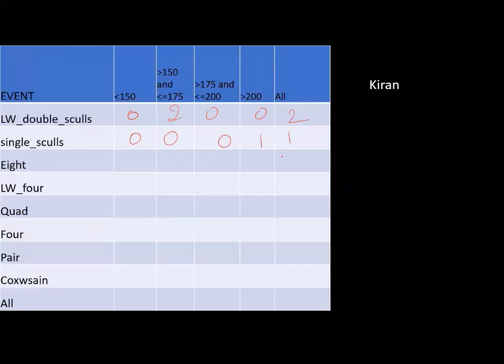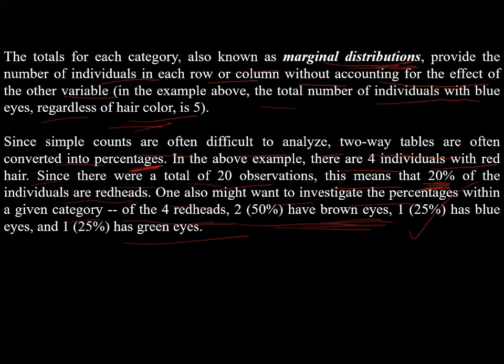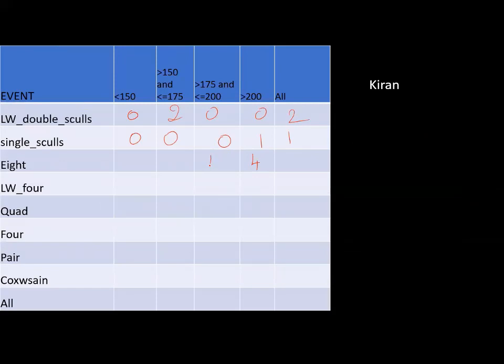So we can write this as 4. The other ones are done. We are left with 195, 195, and 200, both are 200. So this is 4, 4, and this is 0, this is 0. So total is 8.